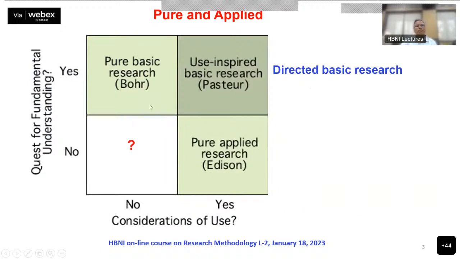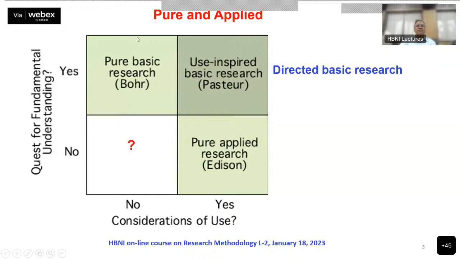The figure is the same, except for the x-axis and y-axis coordinates. Earlier it was low to high; now it is no to yes on both axes, meaning consideration of use: the lower side is no and the higher side is yes, and the same is on the y-axis.